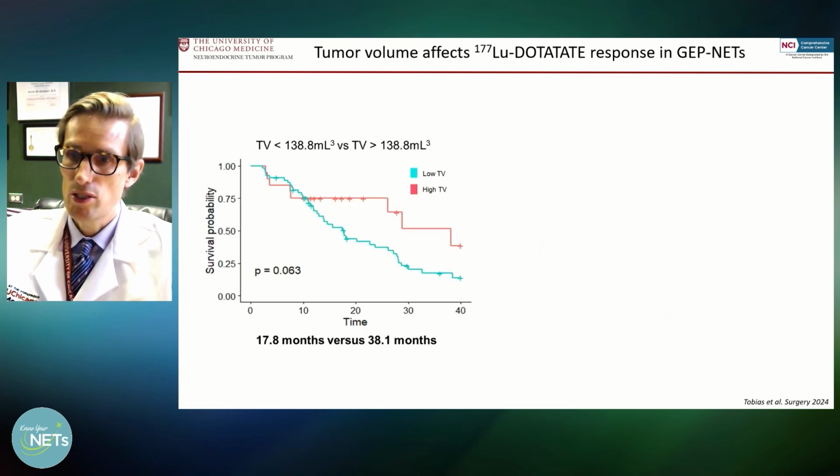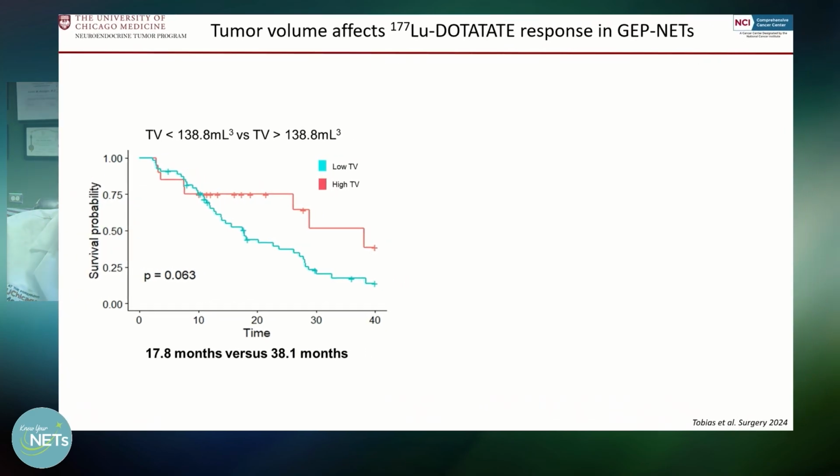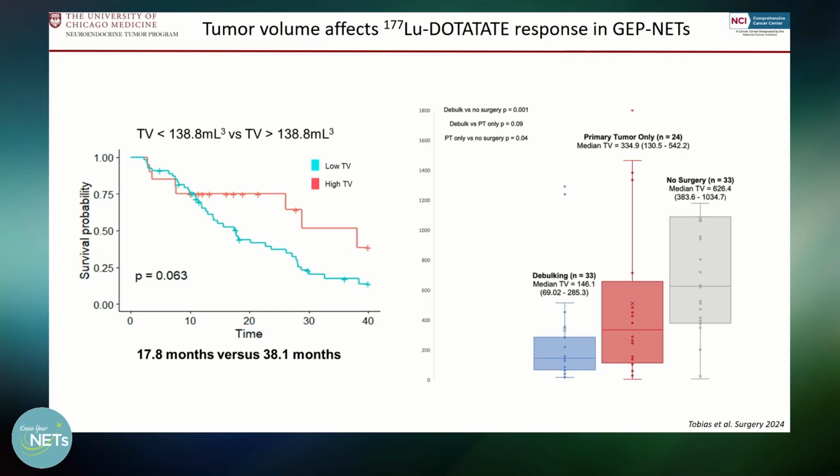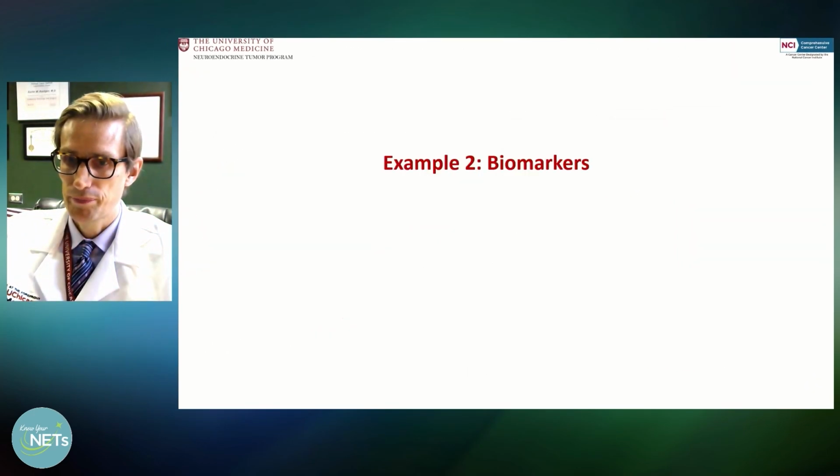And we were able to determine a certain tumor volume in this particular paper, saying that if your tumor volume was less than 138.8 cubic milliliters, you would do significantly better after receiving PRRT than when it was larger. And not surprisingly, as you can see here, those that had no surgery in this group had a higher tumor burden on the right side in gray than those that had only the primary tumor removed. And finally, those that had surgical debulking had the lowest tumor volume, as you can see here in blue.